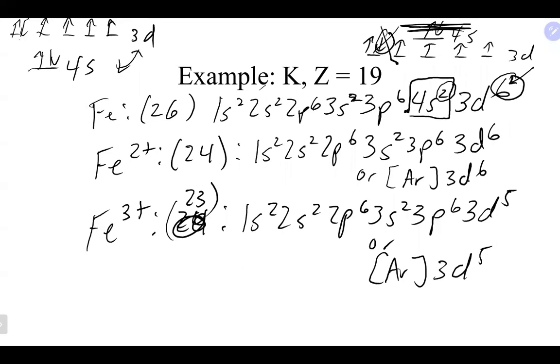So at that point, when it goes to lose an electron, it's going to lose the 4s because they end up being higher in energy once we start filling up the d orbitals. They go in first, but then they are lost first as well. So a good way to remember it, I guess. And it's only with the transition metals.